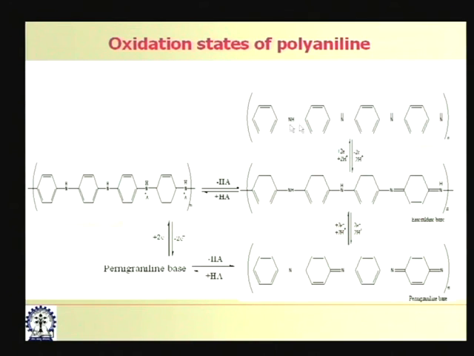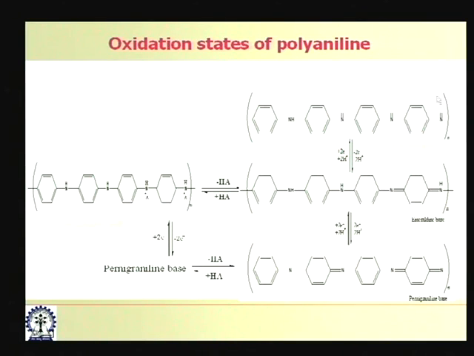You see there is no conjugation in the structure. Why, if I ask you the question, is this leucoemeraldine base or emeraldine base not conducting in nature? For getting conductivity from this polymer, what do we need? We need a conjugated double bond system, but here you see double bond, single bond, single bond, double bond. So, conjugation is affected here.